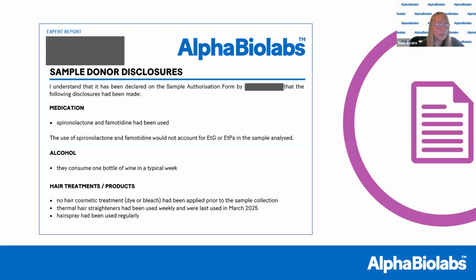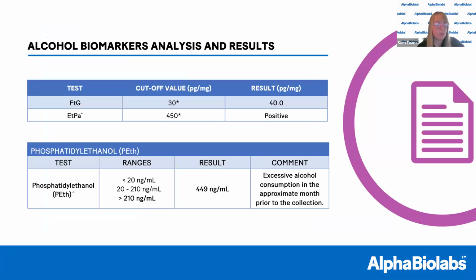So in this case, the client disclosed 1 bottle of wine per week, no hair dye, but regular hairspray and heat straightener use. And you can see they disclosed medication. This medication would not have an effect on ETG or ETPA, or indeed the PEth in this case. ETG was reported at 40 picograms and ETPA was also positive.